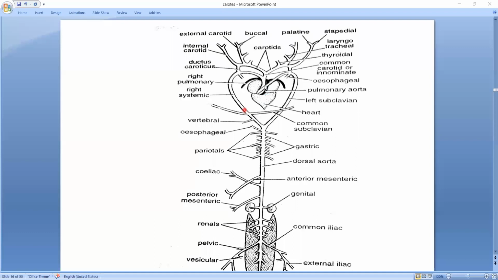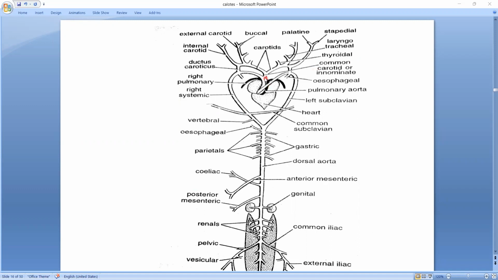Here in this arterial system of the Calotes, there is some difference from the other vertebrate arterial systems. So here you observe, this is the right systemic aorta. Immediately when it crosses the heart, it gives a common carotid artery or innominate artery.